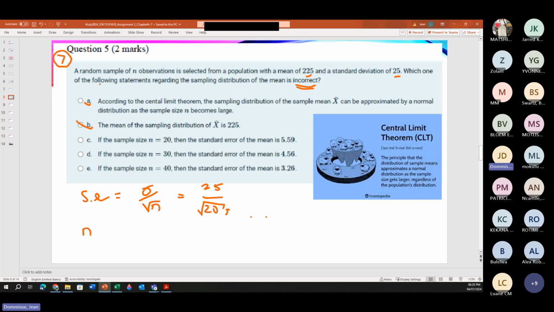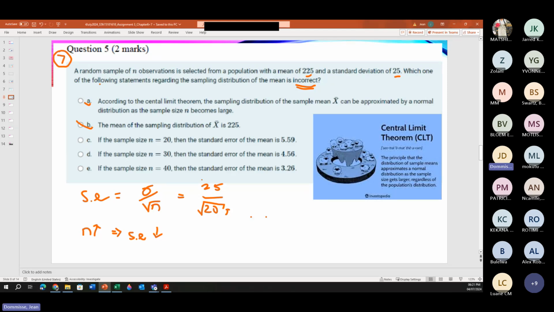So as N becomes bigger, that means the part that you're going to divide with is becoming bigger. That means that your standard error will become smaller. Okay, so as your n is becoming bigger, that number that you are going to divide the 25 with is becoming bigger.